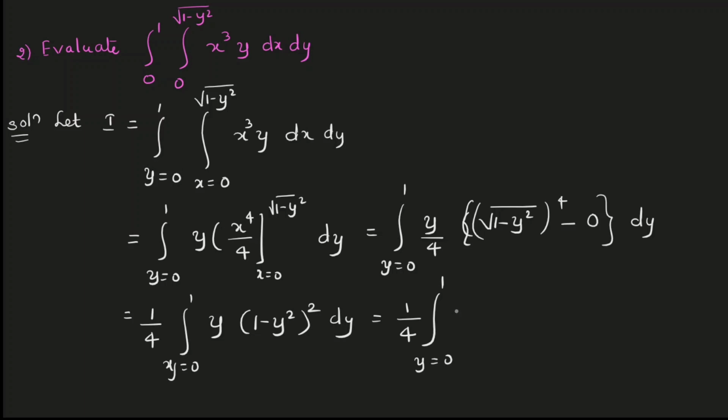So y, it is 1 minus y square whole square. Apply the a minus b whole square formula: a square plus b square is y square whole square, y raised to 4, minus 2ab, so it is 2y square, into dy.